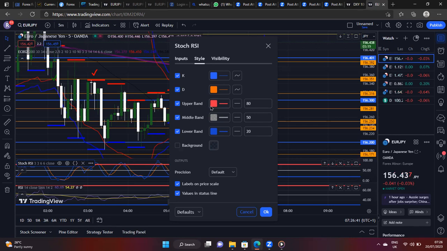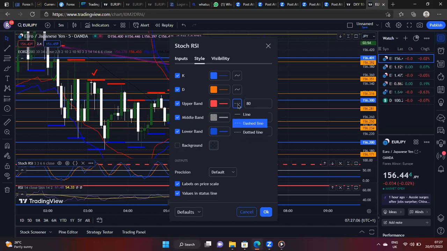Customizing it, I use red and a thick line. You click on this. Do not use a dash line; rather, use a straight line. That's why I have my line here. If I make this a dash, you see, it switches to dash.